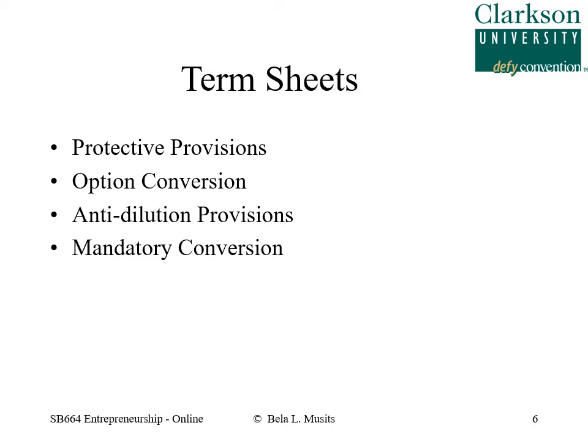And here it says that as long as 20% of the Series A preferred shares are outstanding, meaning if I bought 100 of them, as long as I own at least 20 of them, then the company will not act without written consent of the holders of at least 2/3 of the company's Series A preferred shares.